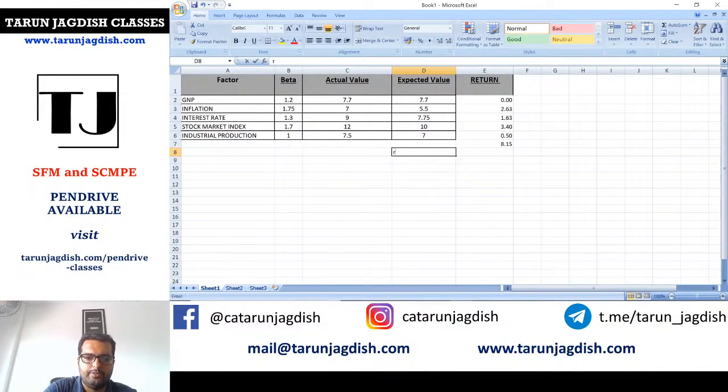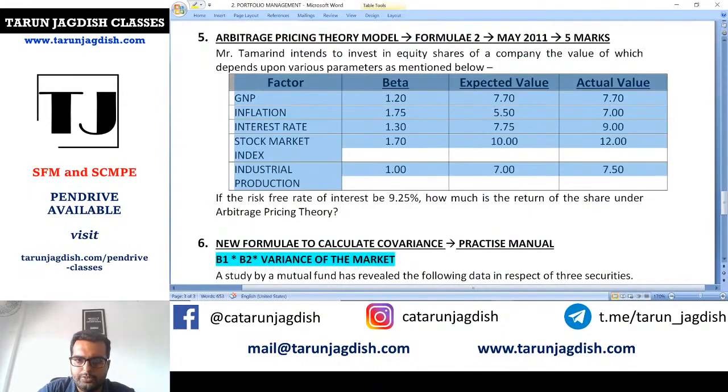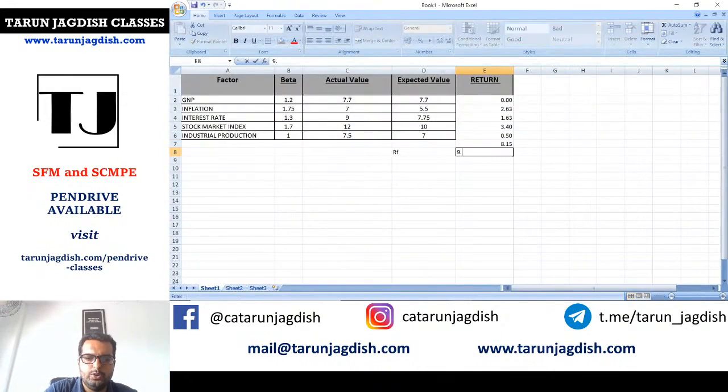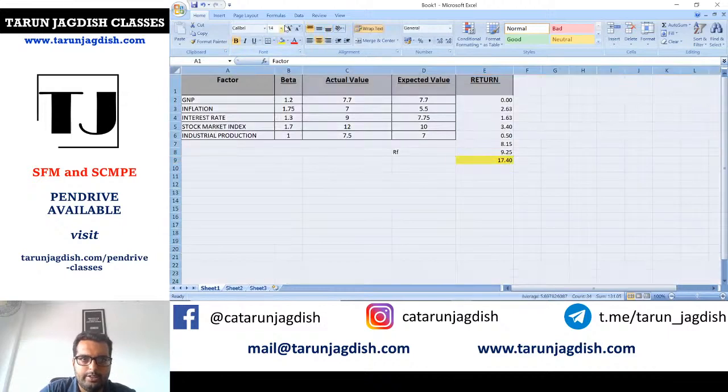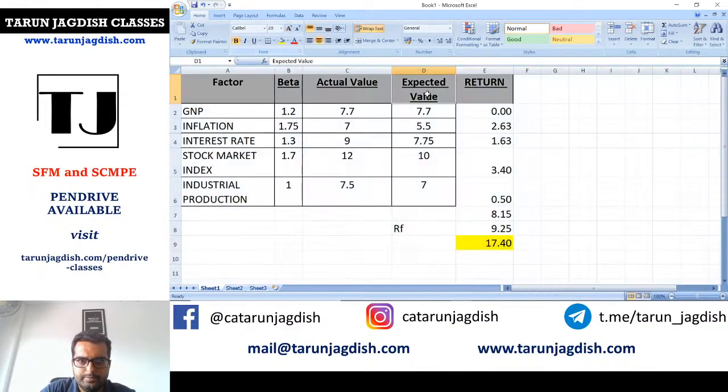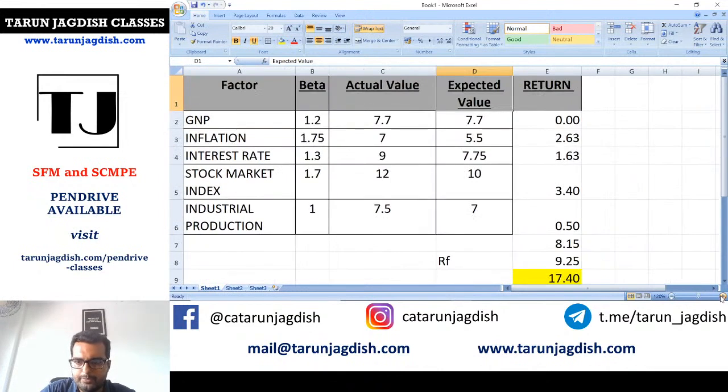Add RF. How much is RF that is mentioned in the question? 9.525. So my return will be this plus this, that is equal to 17.4. I'll increase the font now. Alright friends, can you see this board and can you write it down on your own now?